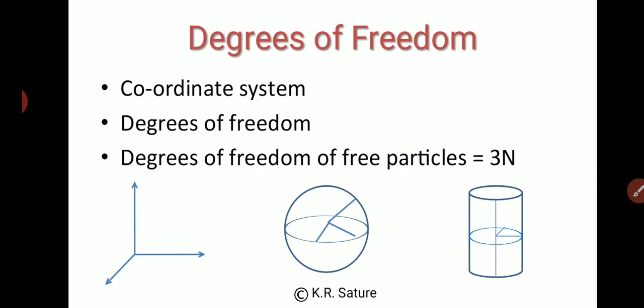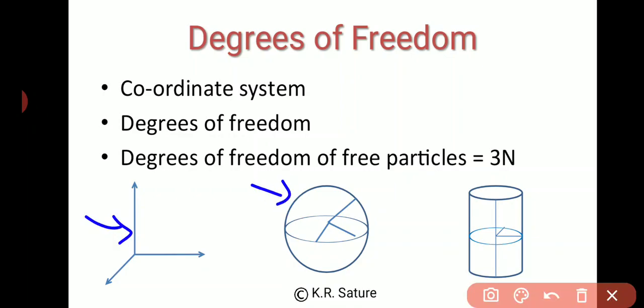There are three types of coordinate system. You all know that the first one is Cartesian, then spherical, and then cylindrical. The Cartesian coordinate system has three coordinates, that is x, y, z. Then the spherical coordinate system also has three coordinates, that is r, theta, phi. Here the angle shown is phi and the angle here is theta, and the radius from the center is denoted by r.